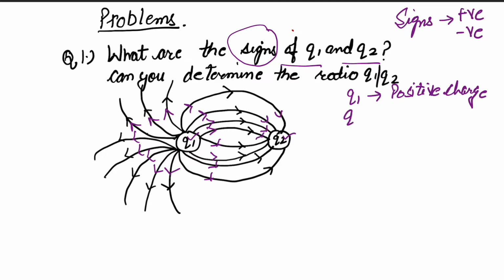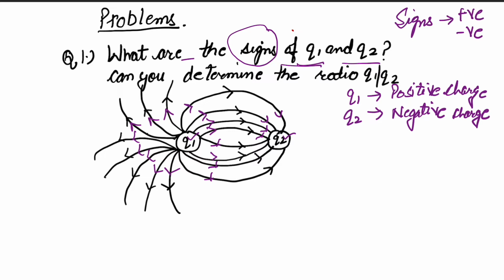It means your Q2 is negative charge because electric field lines converge at a negative charge. Okay, so first portion is solved. What are the signs of Q1 and Q2? We have determined that Q1 is positive and Q2 is negative.